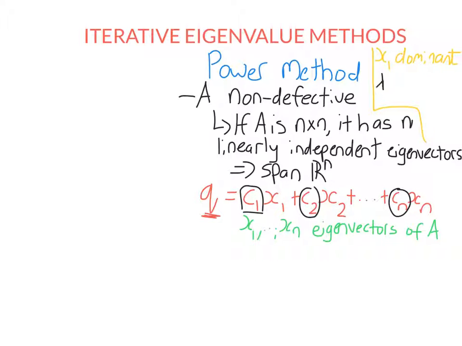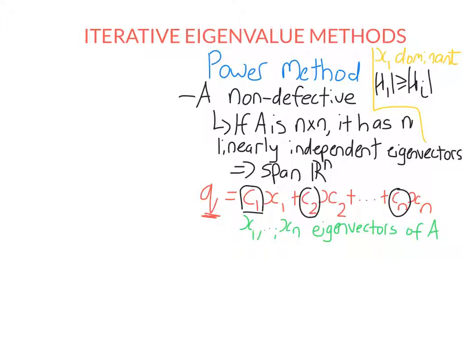If its associated eigenvalue is lambda 1, its absolute value is greater than or equal to the absolute value of any of the other eigenvalues of A. It's important to note this because the power method usually converges to the dominant eigenvalue and eigenvector of A.